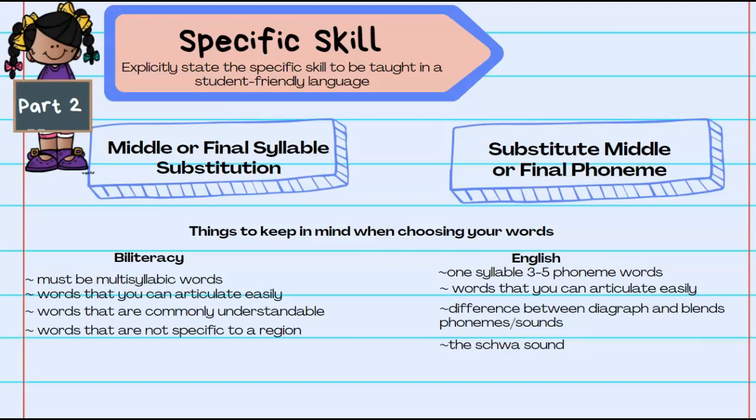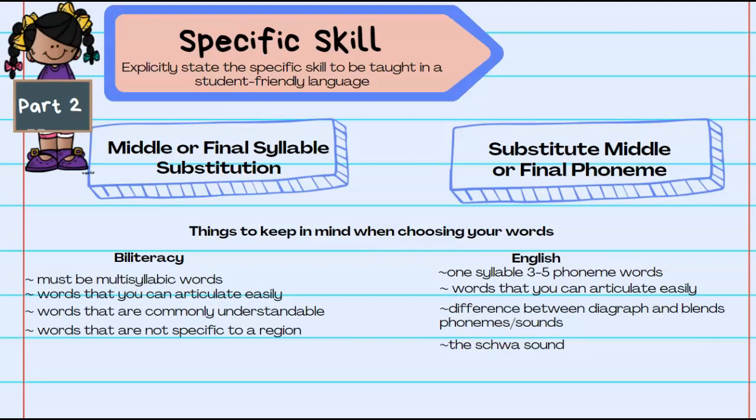Okay? Another thing to keep in mind if you do want to break down words or segment words for your students before, so that they can really hear the sounds and then they'll really know what middle sound is going to be substituted or what final sound will be substituted. You need to be very careful if you choose words that have blends that you do not say a blend as one sound. Let me give you an example. In the word clap, some people in the past have said that clap has the following sounds: cl, a, p.